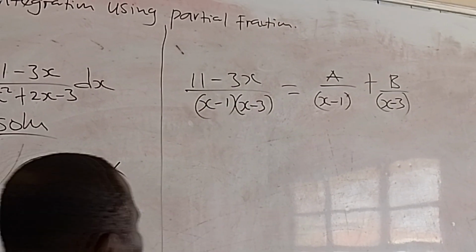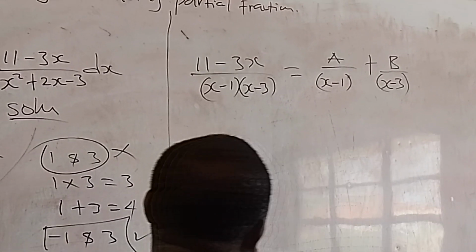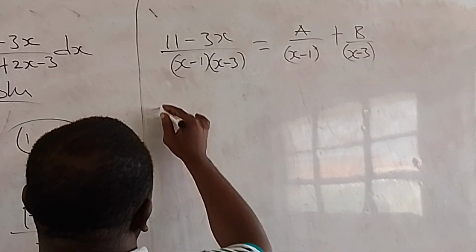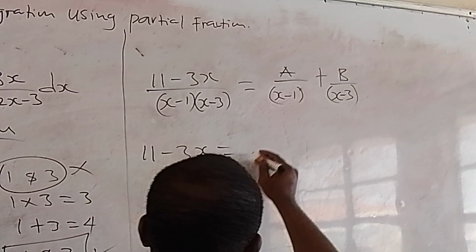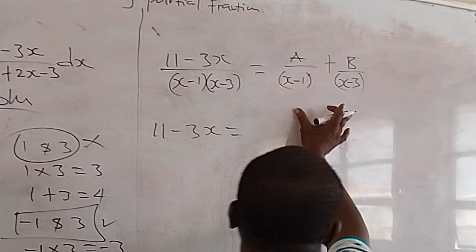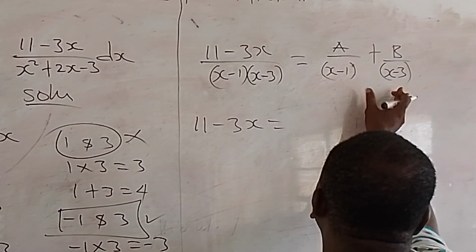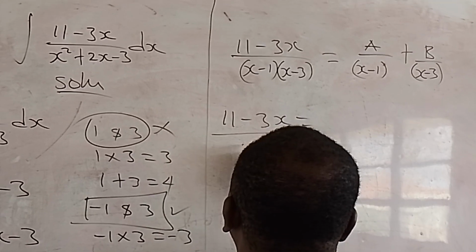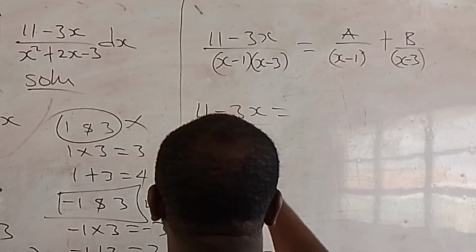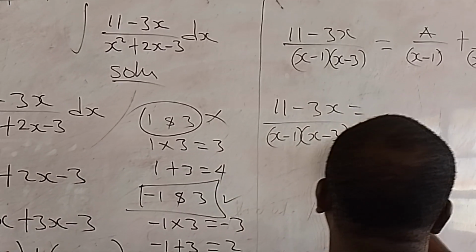That is, if you know what I am doing, that is 11 minus 3x is equals to this. The LCM will now be, okay, let's have it this way, so that you won't be confused.